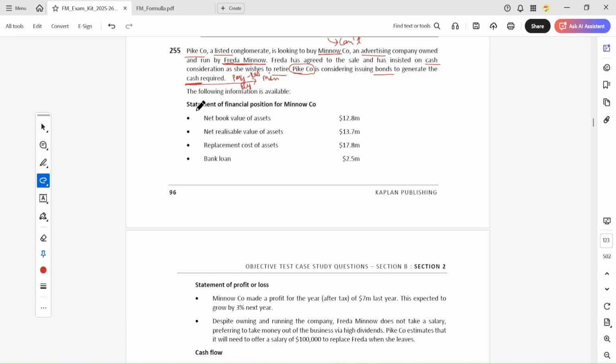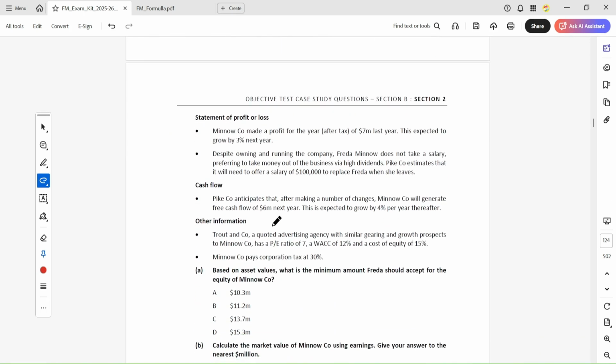Okay. So we have been given some information: the statement of financial position for Minnow company, net book value of assets, net realizable value, book value, replacement cost, and the bank loan. In the statement of profit or loss we have been given the Minnow company profit for the year after tax of 7 million last year, expected to grow.